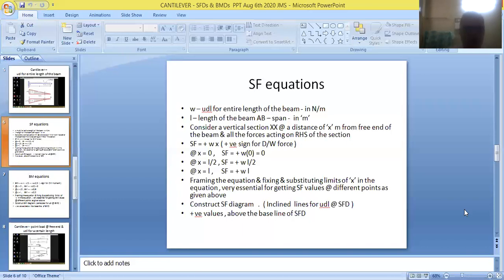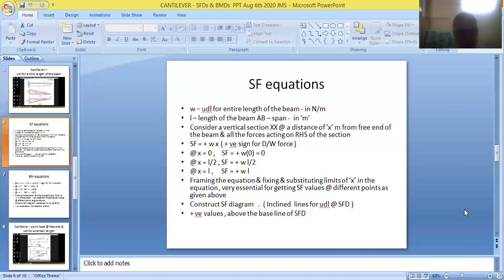So at first point we got it as 0, at second point we got it as WL by 2, at third point we got it as WL. So we take all these values, we can easily prepare SF diagram. So all the values are positive. So these values will be coming above the baseline of SF diagram.